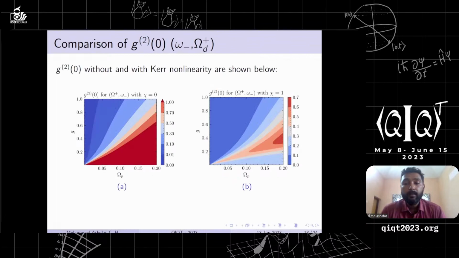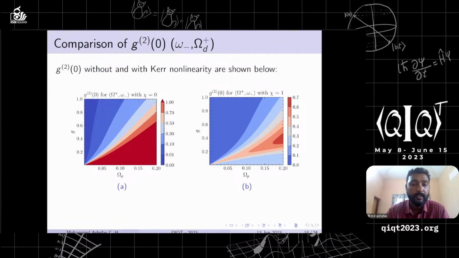And we can illustrate the enhancement of the photon blockade effect by comparing this graph with the situation without the Kerr medium. So the first one is without Kerr medium, that is with chi equal to 0. The second graph corresponds to chi equal to 1. And we can see here in this lower region, the lower region means for small g, this G2 of 0 is greater than 1, since red corresponds to greater than 1.